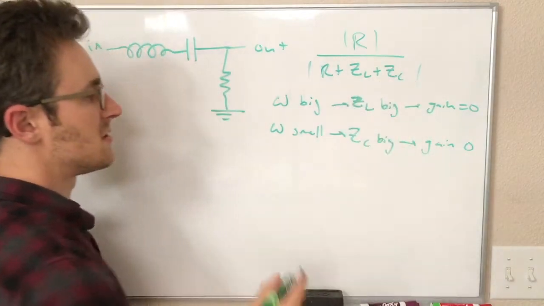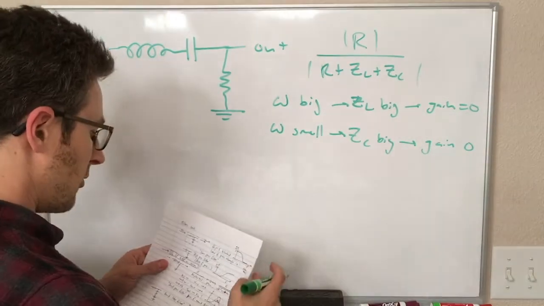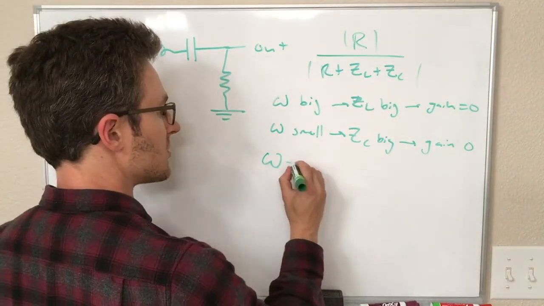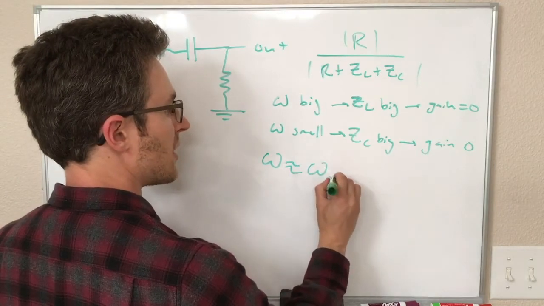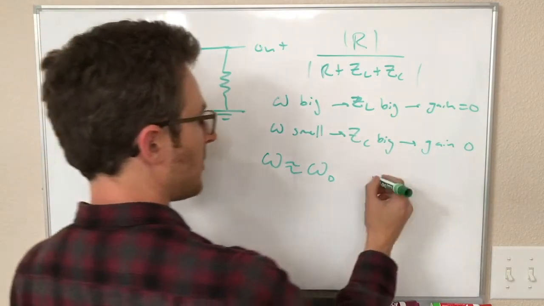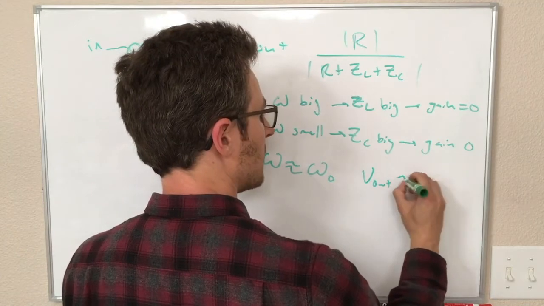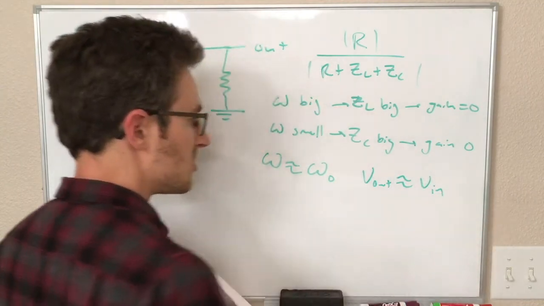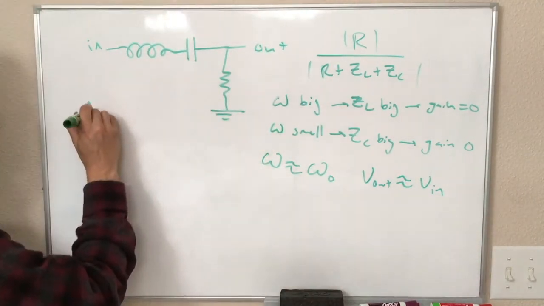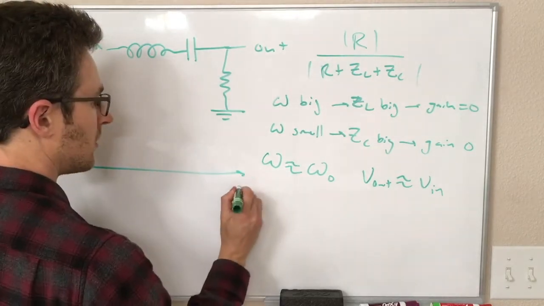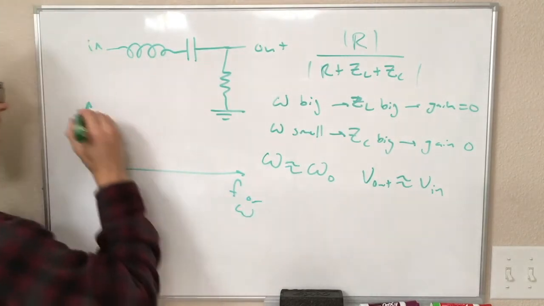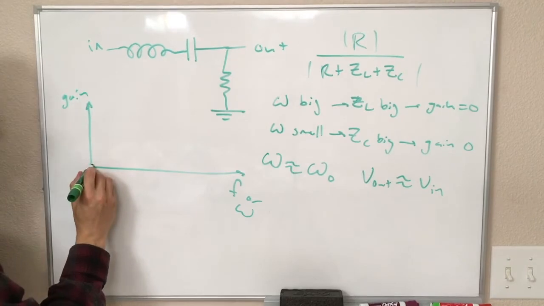Because ZC is in the denominator too. So if omega is just right or really close to this resonant frequency omega naught, then V out is approximately equal to V in. So our gain graph looks kind of like this.